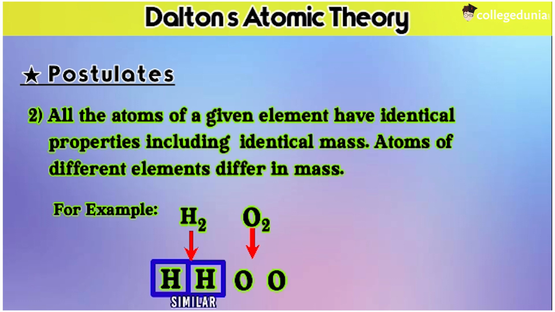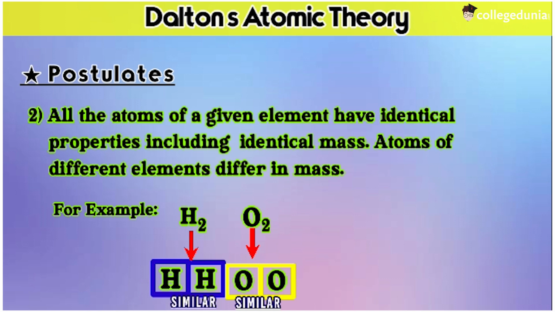But at the same time, its properties will not be similar to this oxygen atom. This one oxygen atom will have similar properties to this another and all the other oxygen atoms, but it will be different in other element atoms. So I think now the second postulate of this theory is also clear.